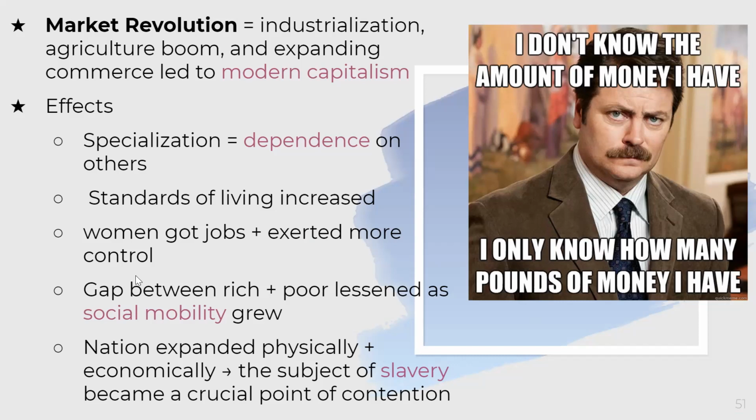The gap between the rich and the poor, I would say your book can be a little misleading. It says in some parts of the book that it lessened, in some parts that it grew. So just to clarify, some of the documents in this activity speak a little bit to this, where you almost see a development of a middle class.